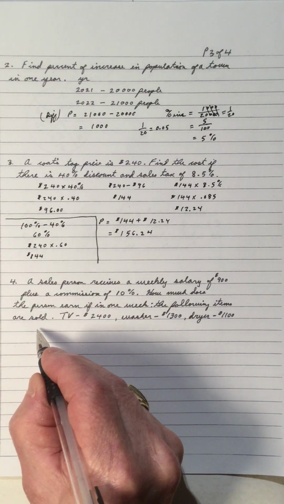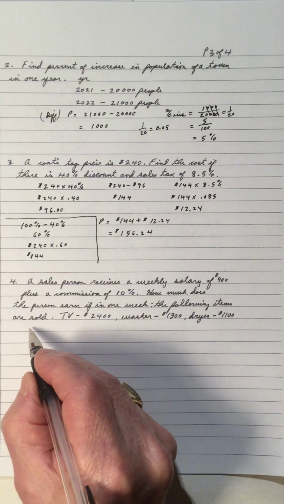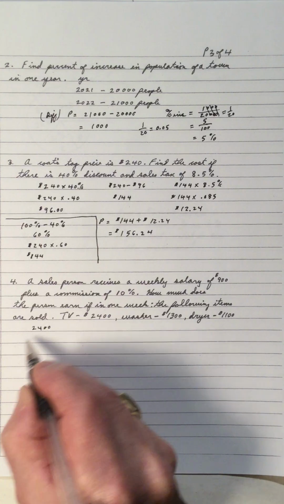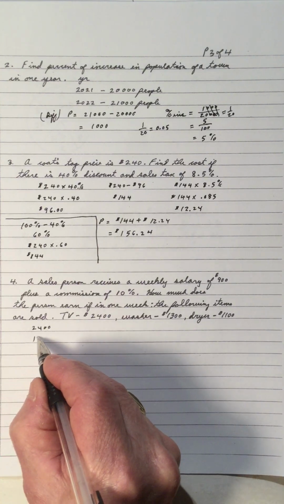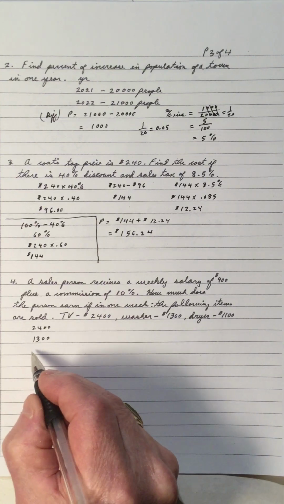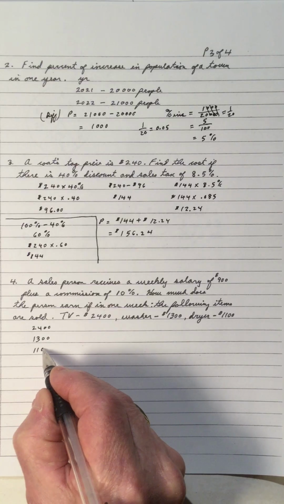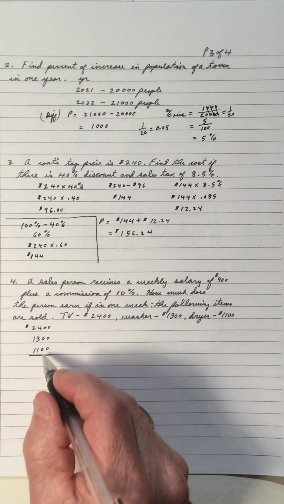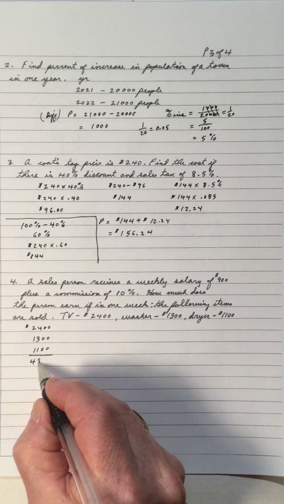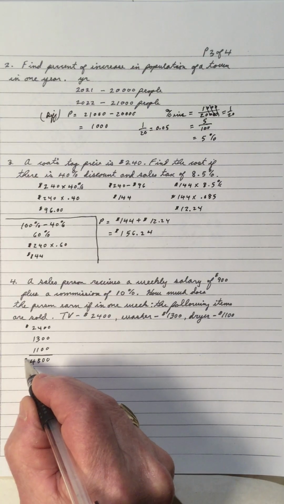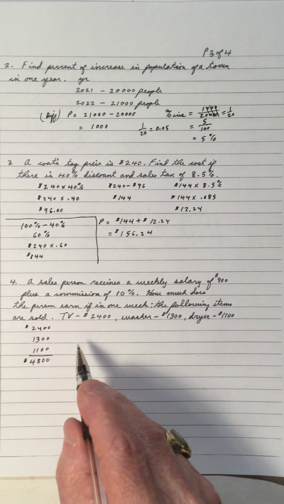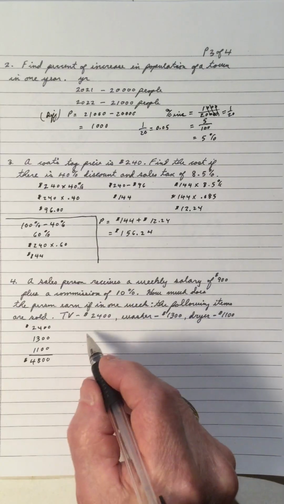So we got a TV for $2,400, a washer for $1,300, and a dryer for $1,100, and these are all dollars. When you add all that up, you'll get 4,800. So that's the items that he sold, and he gets a commission of 10%.